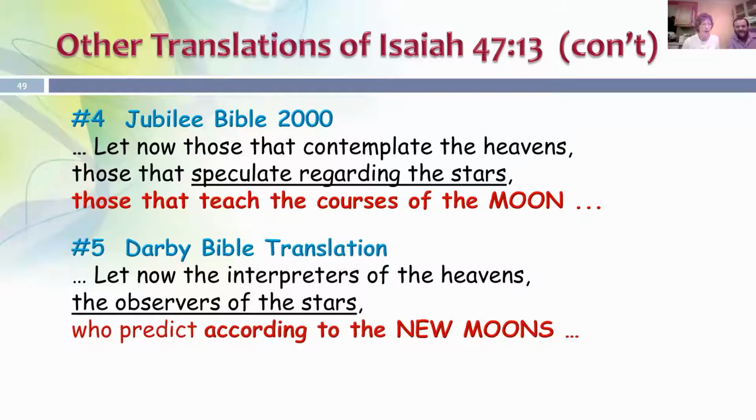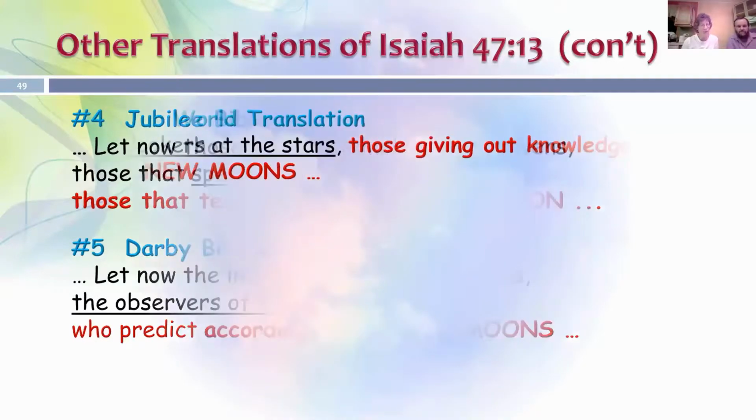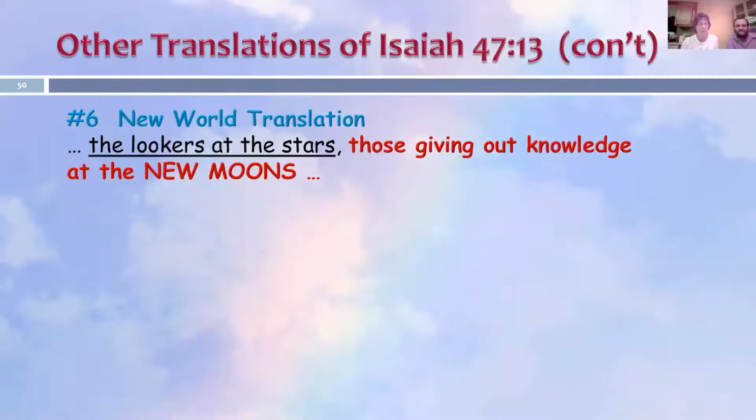Okay, I think we have one more that does another 4 different translations here. Anybody? I can read that. The New World Translation, the lookers at the stars, those giving out knowledge at the new moons.